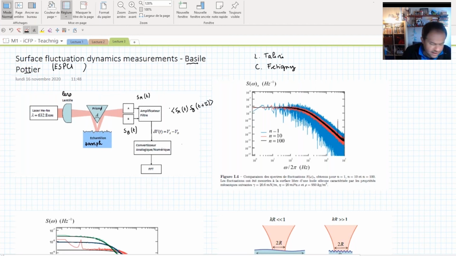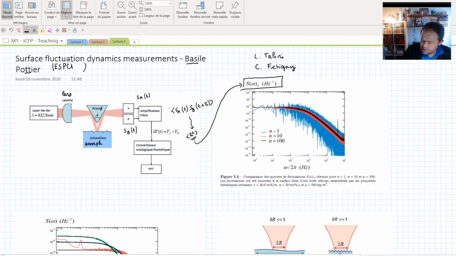And this allows him to measure not only the amplitude of the oscillations that we have calculated so far, but he has calculated the spectrum of the fluctuation of the interfaces. So he has more than what we have calculated.